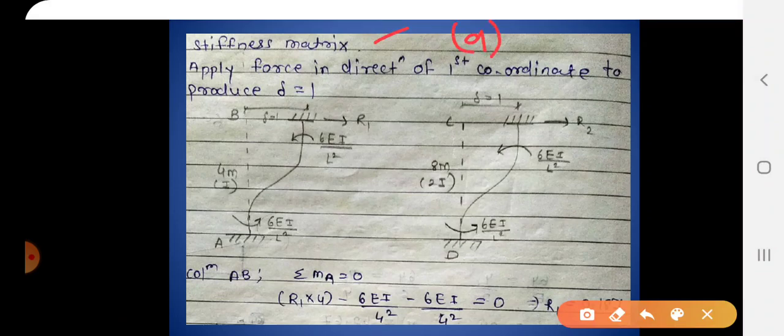Part A, J is equal to 1. The first redundant is delta, therefore apply a force in the horizontal direction to produce delta equal to 1.